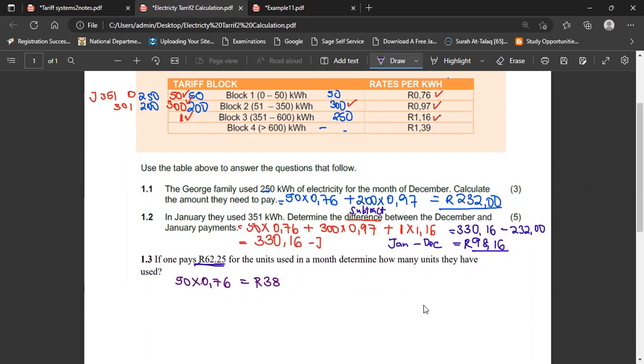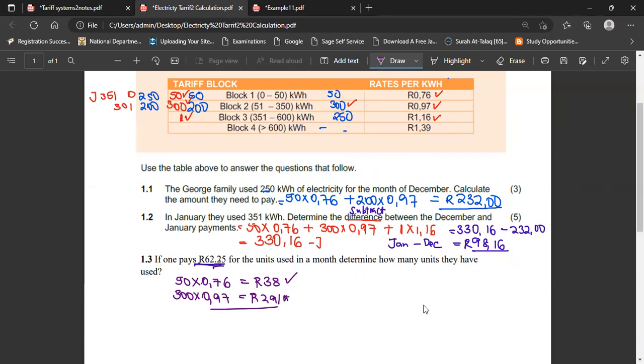They for 300, they will have to pay 291. So you see that the price used is more than bracket 1, but less than bracket 2.